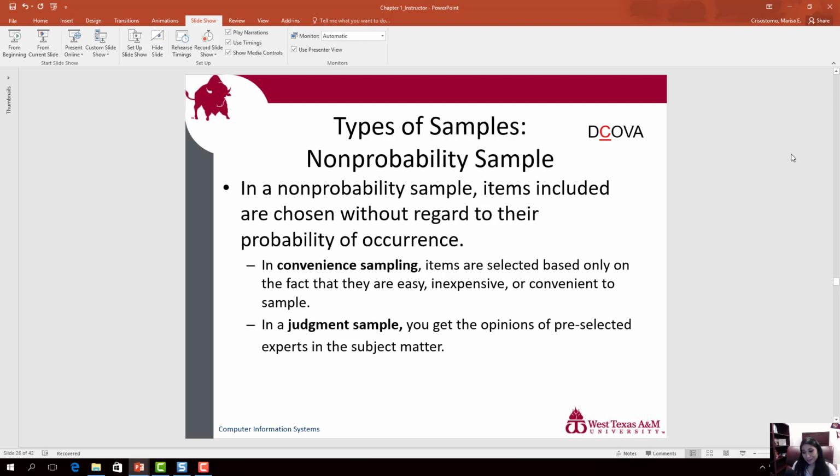You're not getting letters from professors or colleagues that have a negative view of you. You might get a different picture of the individual if you take letters of recommendation from a variety of people and not just people that person selected.